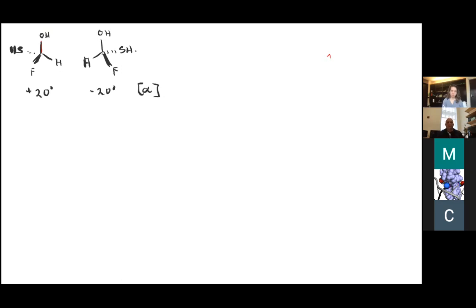Again, this would have to be experimentally determined. I'd have to have access to pure enantiomers. You could have access to just one of them and then go measure it to know that. Okay, but let's say we knew that, and then I came along with a sample that I knew was a mixture of these enantiomers, but I didn't know the ratio. I didn't know which one was favored or which one was more abundant.